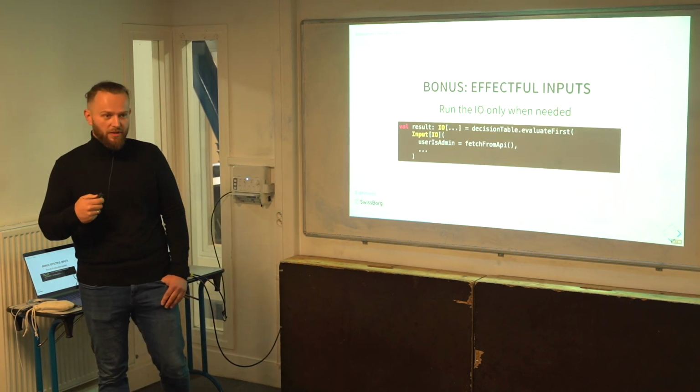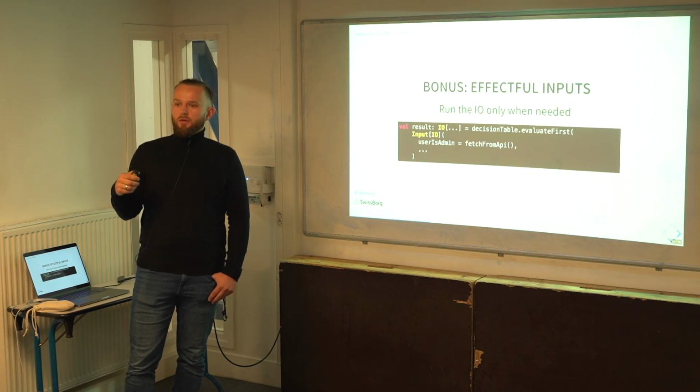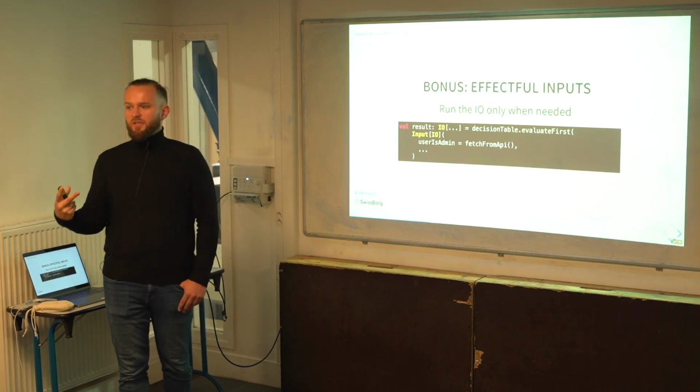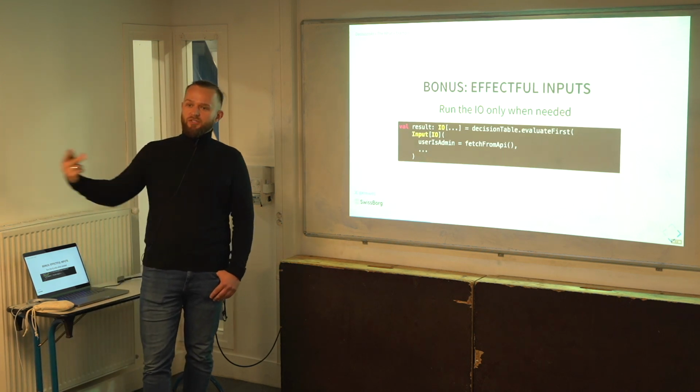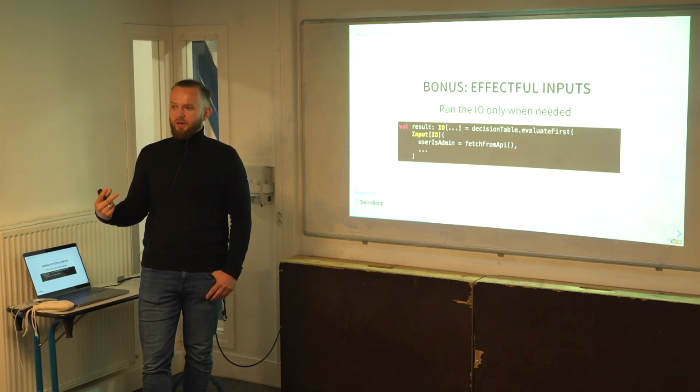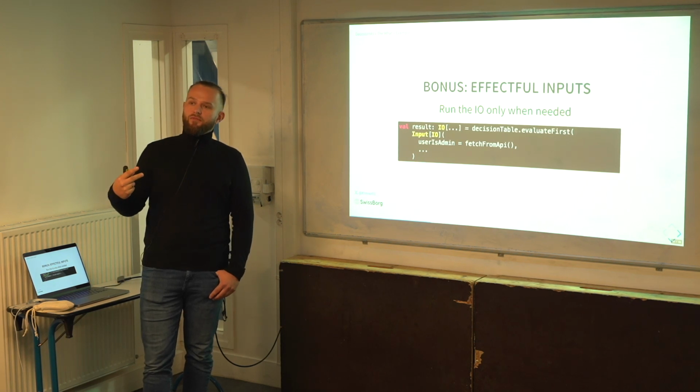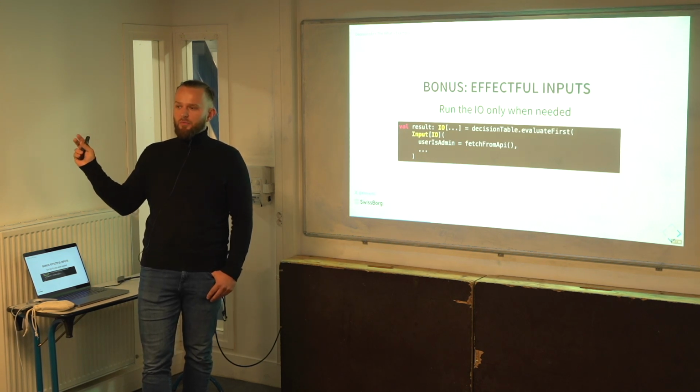I will show you one more thing. So imagine you don't have the data that you need for your evaluation. You need to fetch it from an external API, right? And you have 15 rules or 20 rules or something, and some piece of data is used only at the very end.